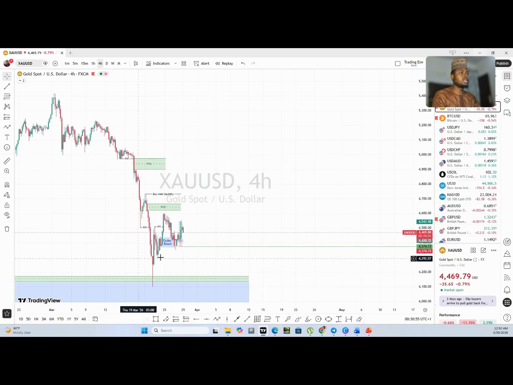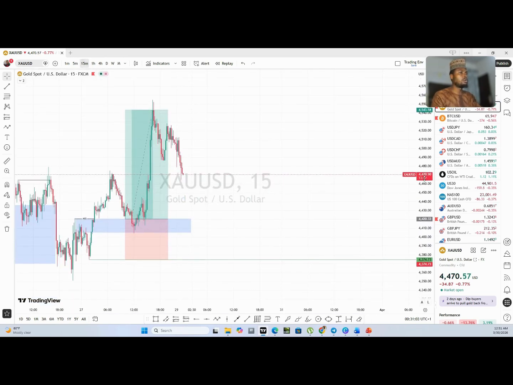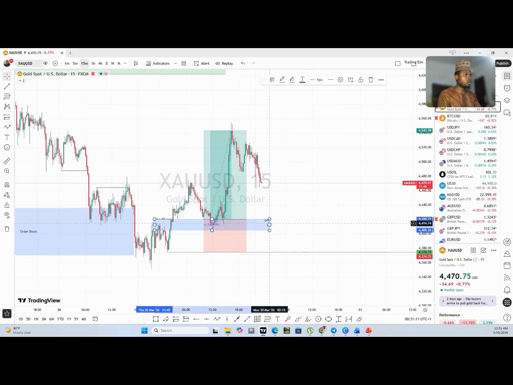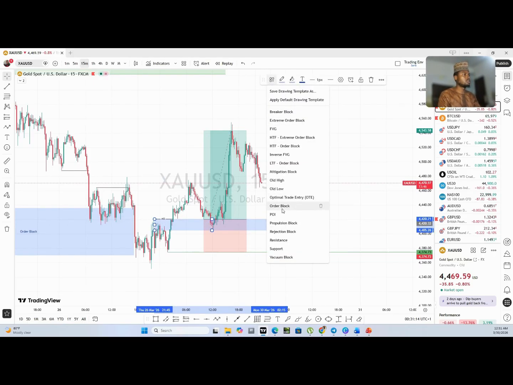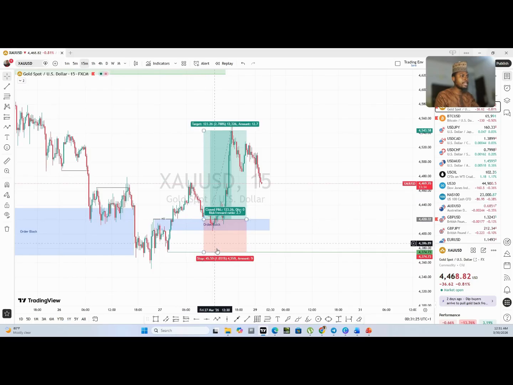This is the analysis that I did, and this is the trade that I took, even though I have not updated you. I entered the market from this order block, and from here to here is where my stop loss is. That means if the market moves against me and reaches here, the market will stop me out.